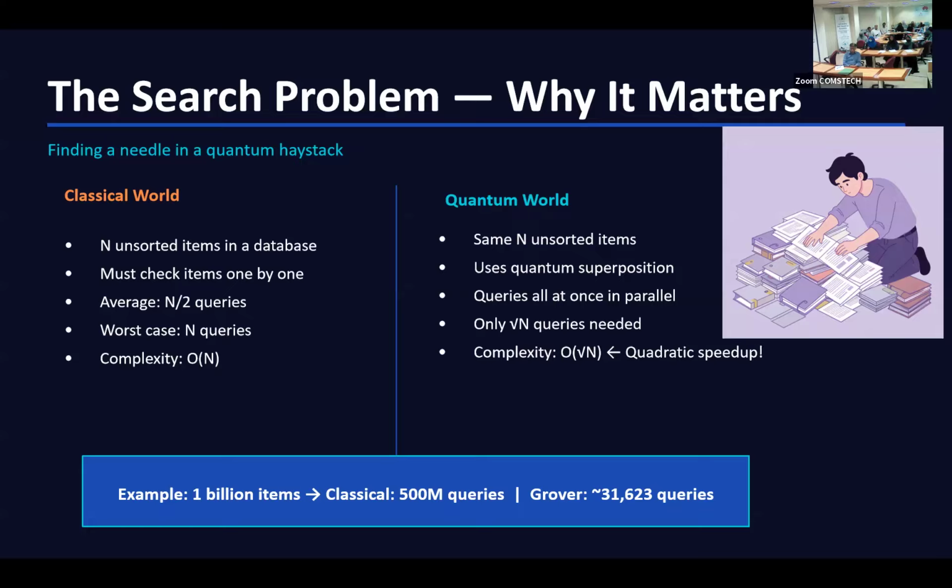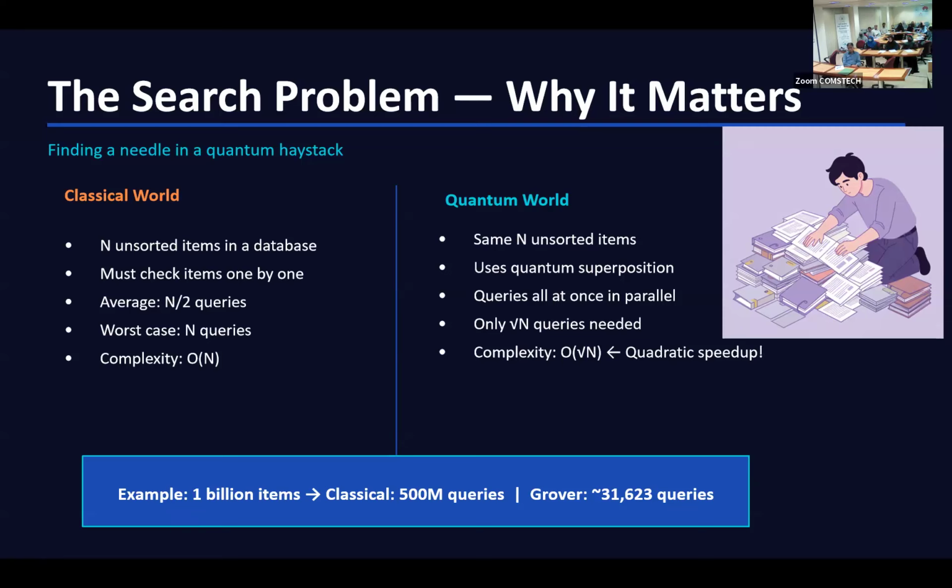So as you can see over here in the figure, there's a person who has lots of phone books, and he wants to search for one number inside them. Classically, it would be really hard for him to open every book.